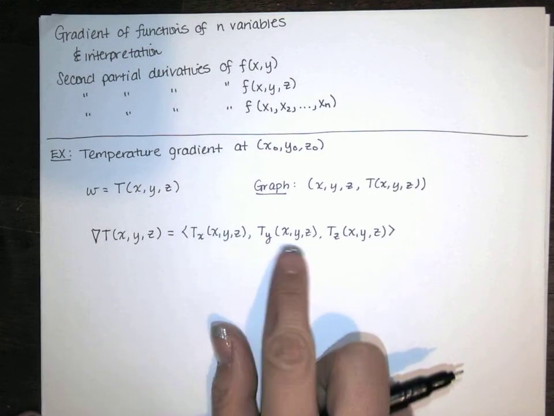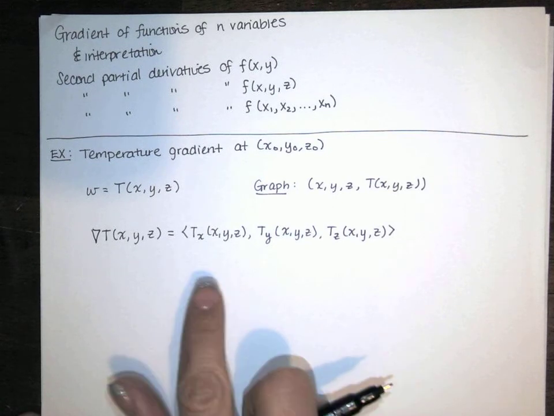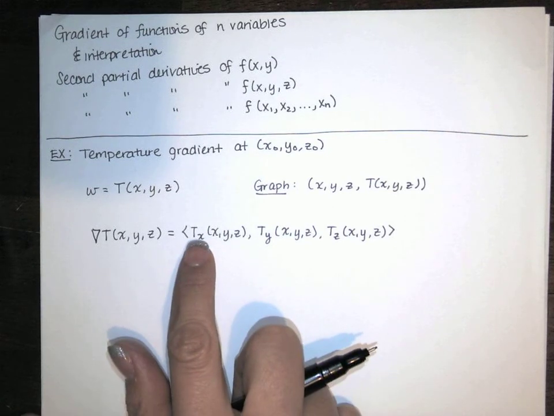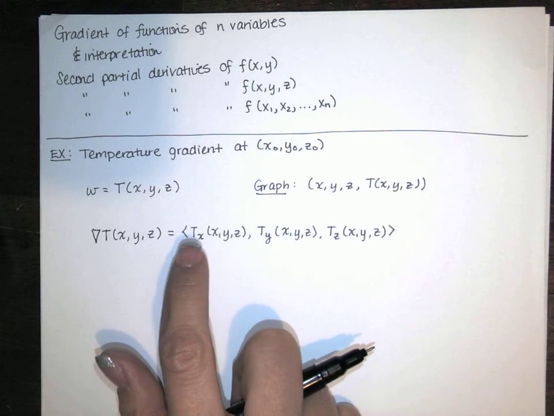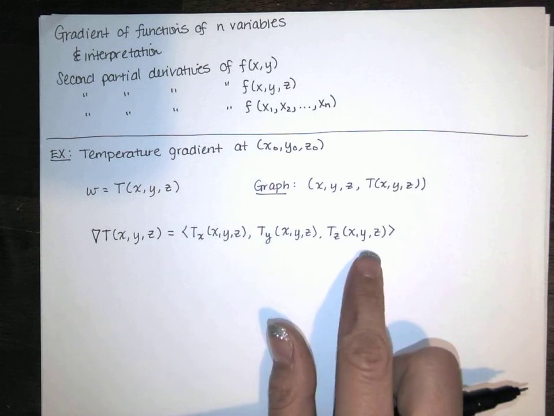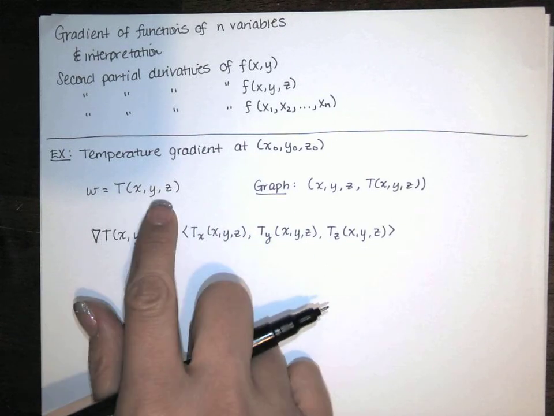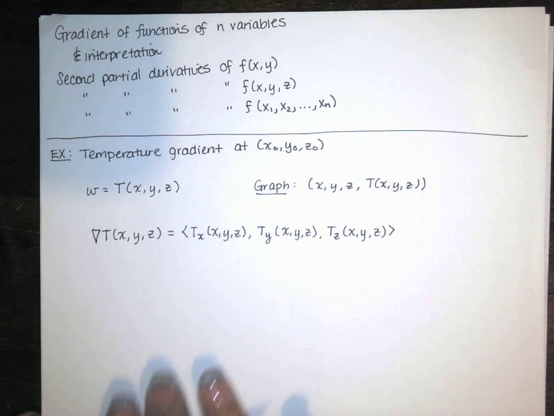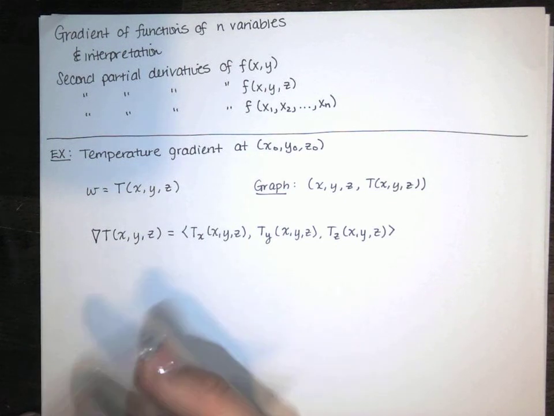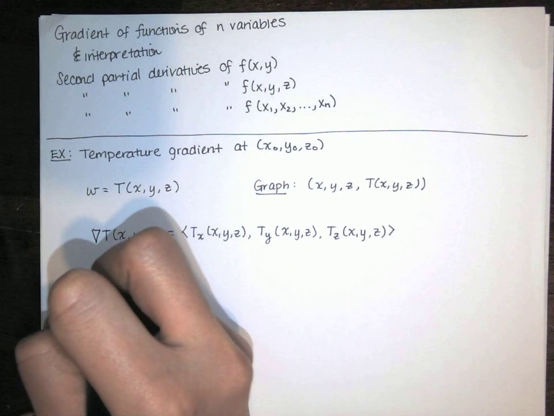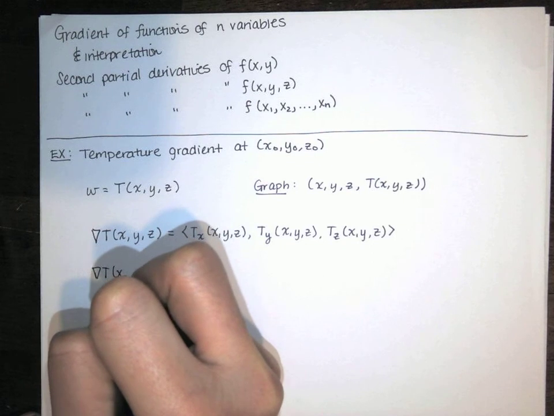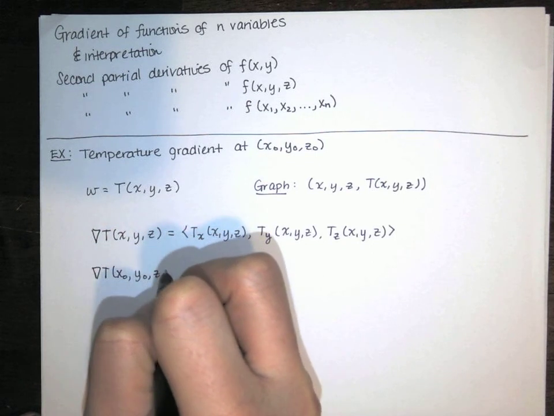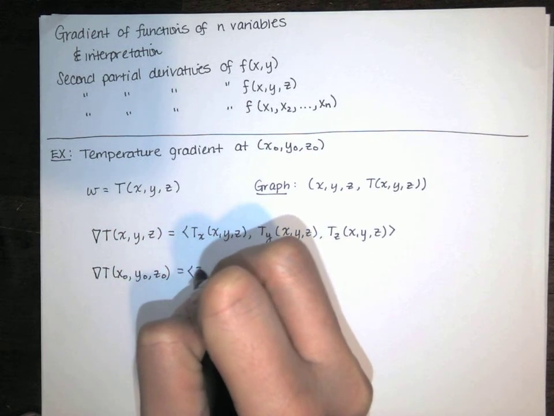So each of those is giving me a formula for the instantaneous rate of change of temperature in the x direction, y direction, and z direction, provided that we're talking about temperature at a particular location, x, y, z, in some room. Now, if I want the gradient at a particular point, well, I just, of course, substitute in that point, x naught, y naught, z naught.